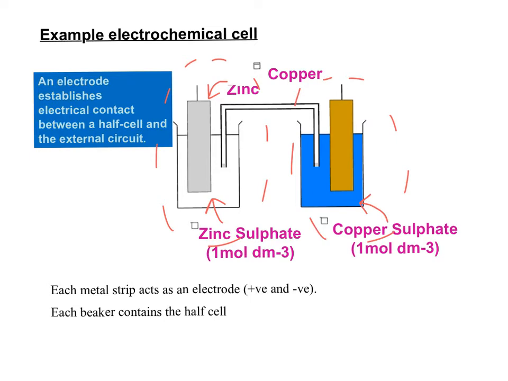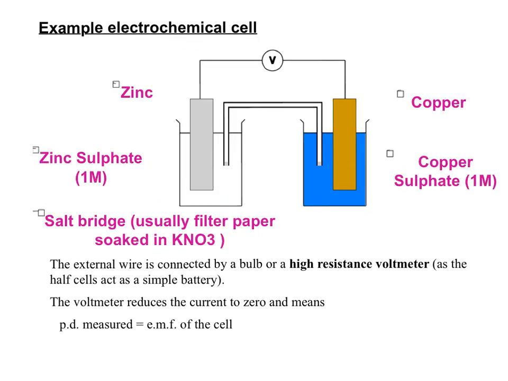And if we look again at the electrochemical cell, like I've said before, each beaker contains a half cell. Now we have to connect the beakers and get a complete circuit if we're going to be able to measure the electric current flowing in this electrochemical cell. The first thing I want you to notice is this salt bridge connecting each solution in each half cell.